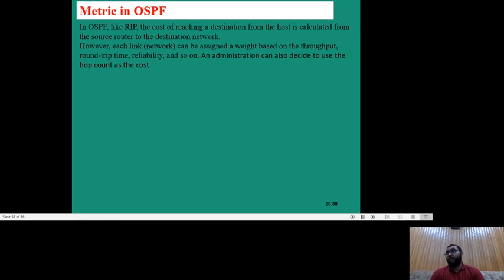Definitely that will be the choice of the administration to decide. Hop count is also one of the parameters, so it will not restrict itself to just hop count; other parameters will also be considered.